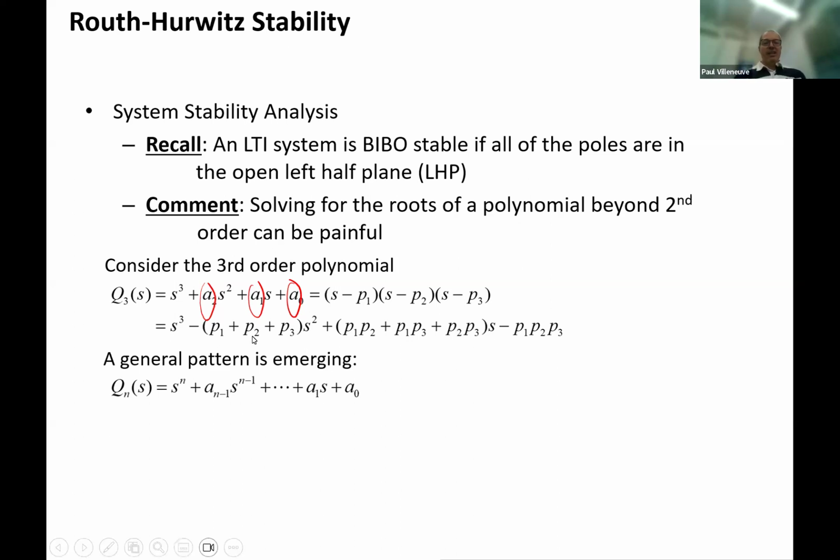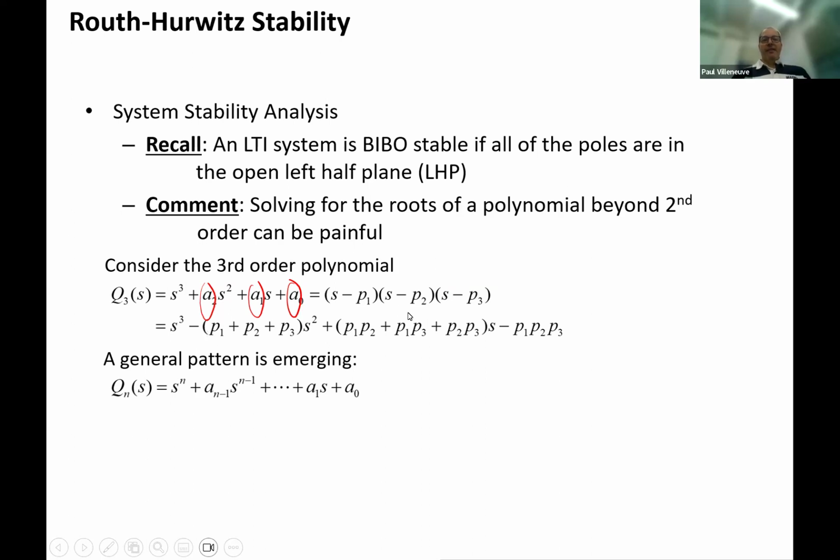So let's look at this general pattern and what we mean by that. We see we've got this alternating term here. Can you look and do you see anything inside those expressions? Look at the s squared multiplication, the coefficients. It's p1 plus p2 plus p3, right? I've got a negative over here.